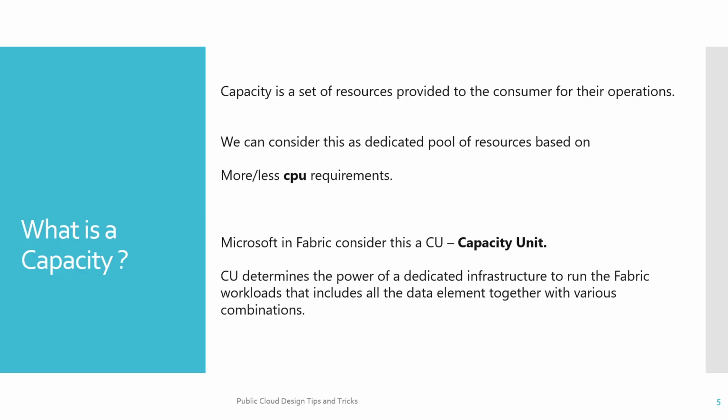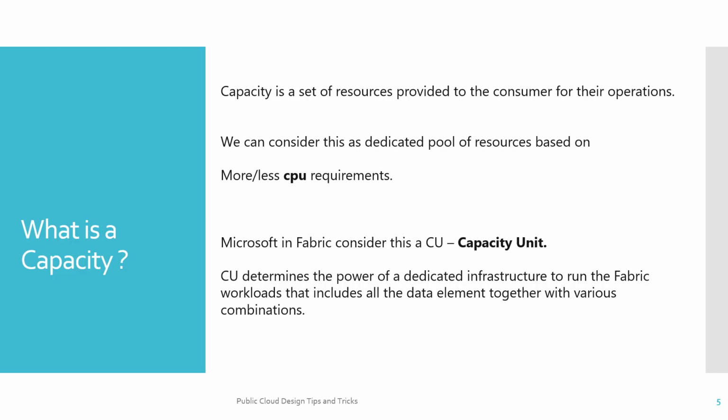Now, in Microsoft Fabric, it comes as CU, which is capacity unit, and CU determines the power of a dedicated infrastructure to run the Fabric workloads. That includes all the data elements together with various combinations. So that is the capacity unit.